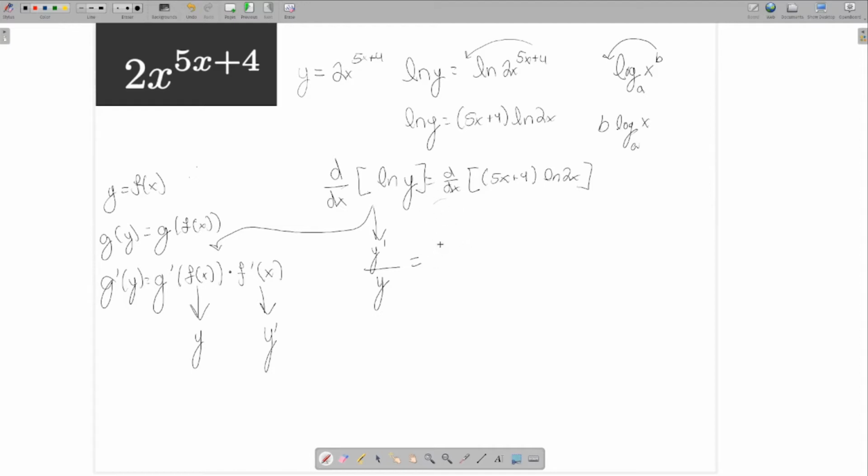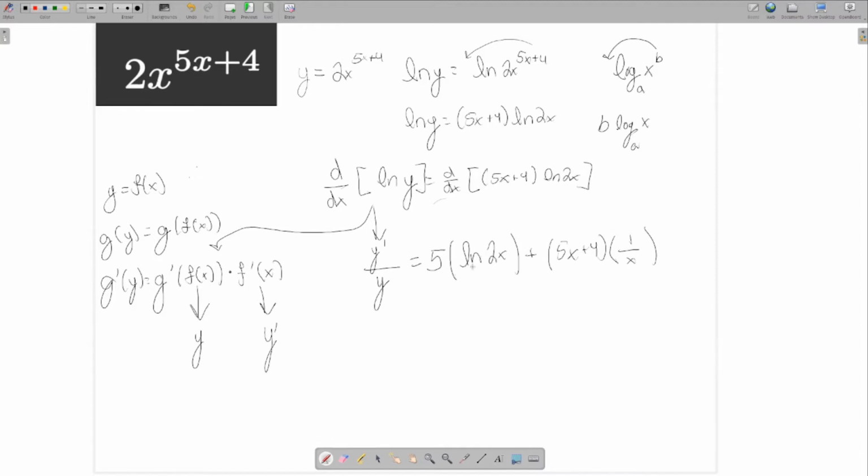We can take the derivative of this f of x, which will be 5, multiply it by the original function on this right side, which is natural log of 2x, and then add it to 5x plus 4, this original expression from this side, times the derivative of this, which ends up being 2 over 2x, or 1 over x, right?